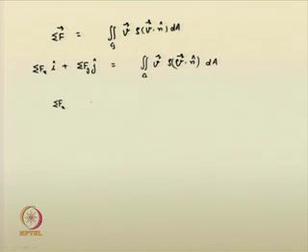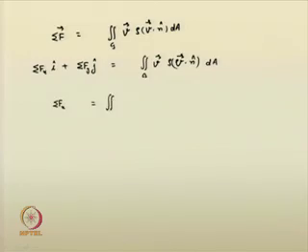The sigma f x quantity, the particular component in the x direction, if you want to visualize it, this will be nothing but the component of velocity in the x direction. So, v x rho v dot n dA.